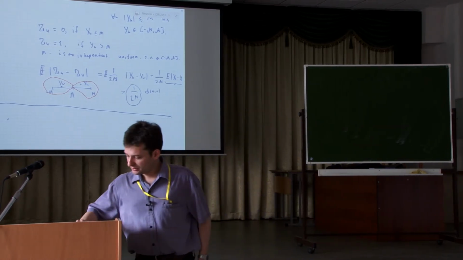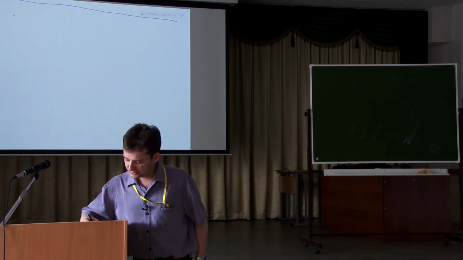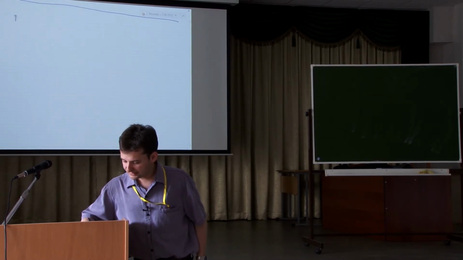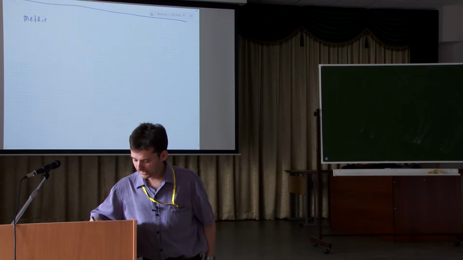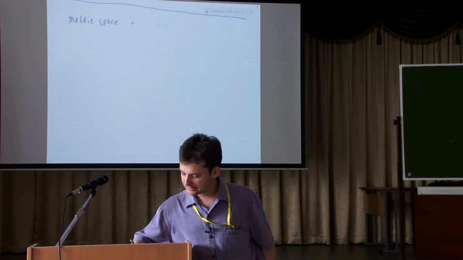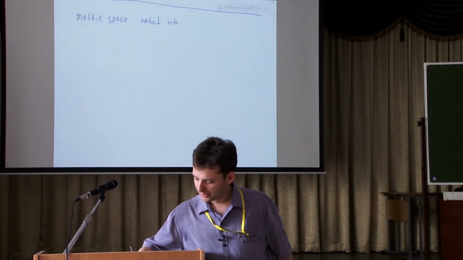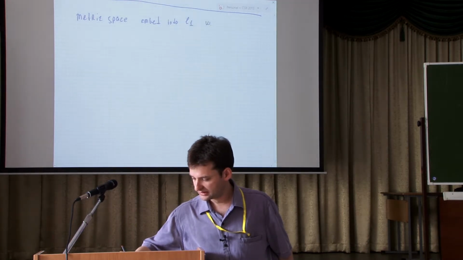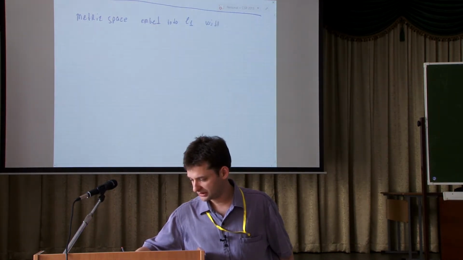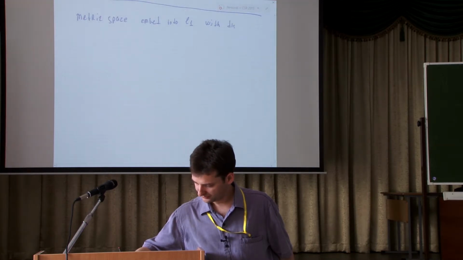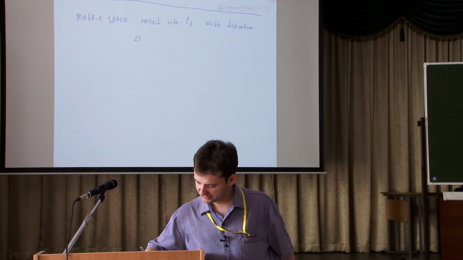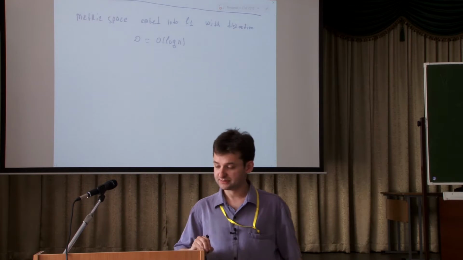So now let's go to Bourgain's theorem. Bourgain's theorem says that any metric space can be embedded into L1 with distortion D of order log n, where n is the number of vertices.